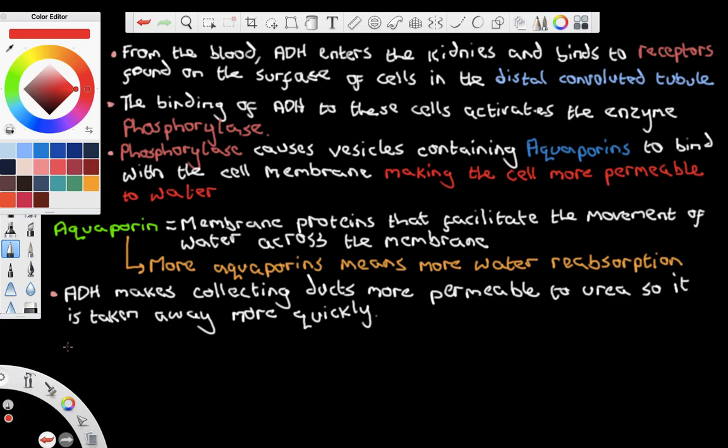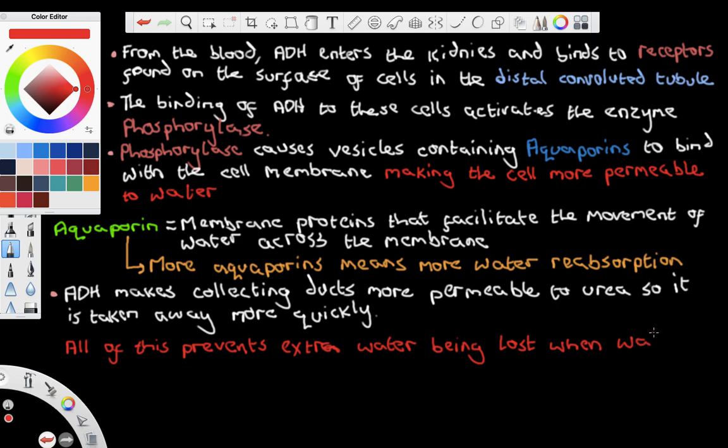We can say that all of this prevents extra water being lost when water potential is low in the blood.